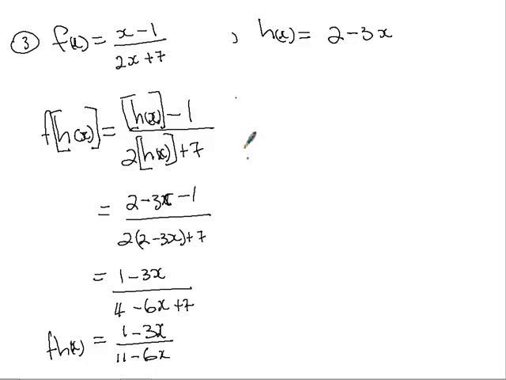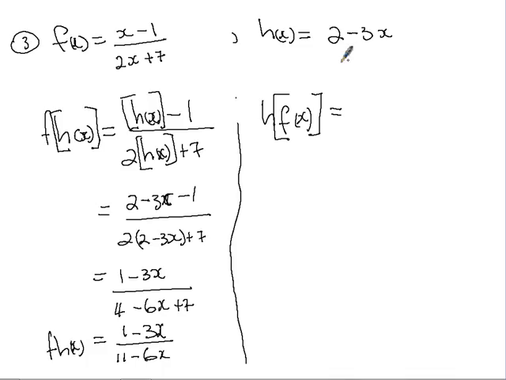And then let us try to find h of f of x. So if you're asked for h of f of x, again you're putting f of x into the function h. We know that h is 2 minus 3x. So h of f of x is going to be 2 minus 3 times f of x. You're going to write the expression for f of x, I should say.